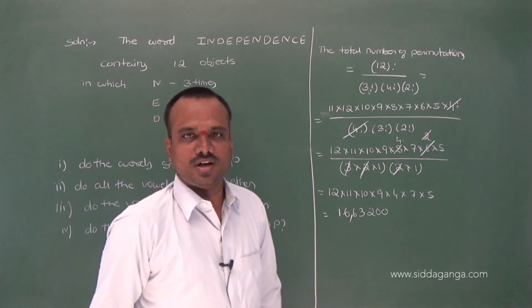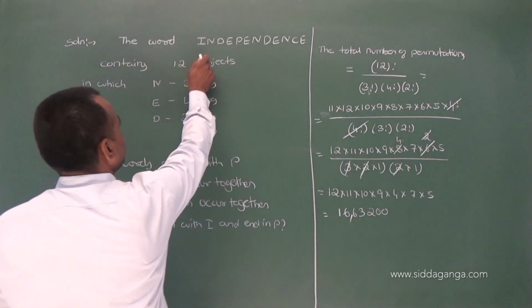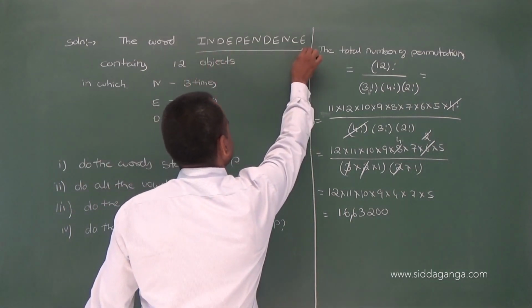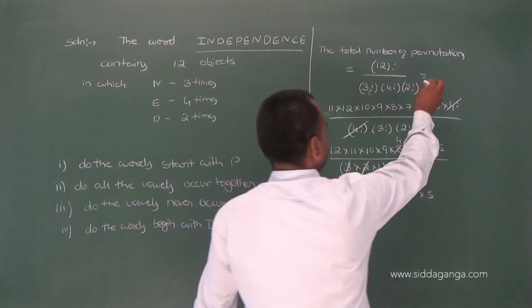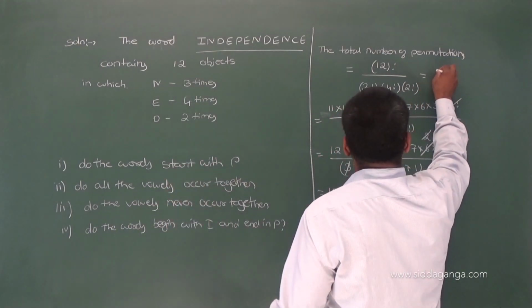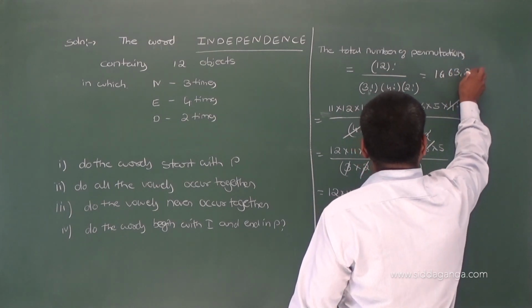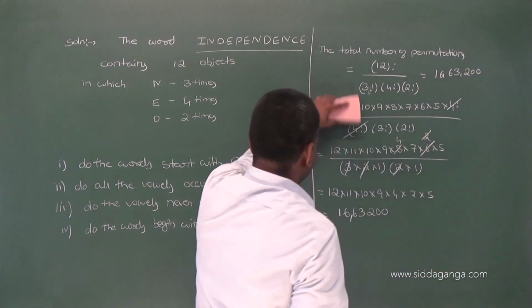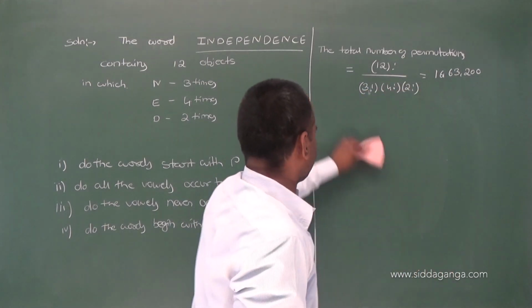This is the total number of permutations of the word INDEPENDENCE. So we write this answer: 16 lakh 63,200. Okay, first question.